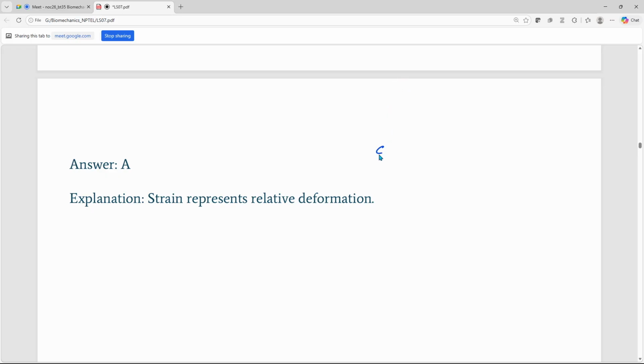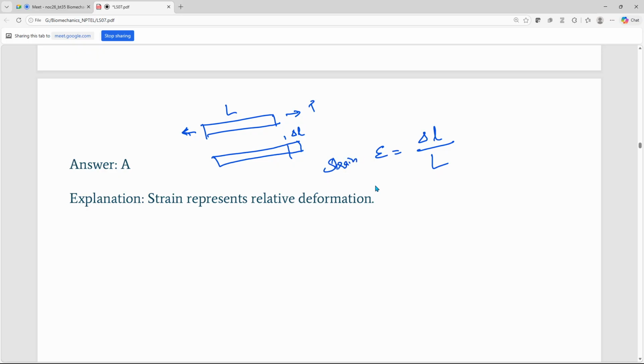Suppose strain epsilon is equal to delta L, the change in length, by L, the original length. Suppose this was the original length and some force P is applied on both ends, and this component increased in its length and the change in length is delta L, then strain is delta L by L.